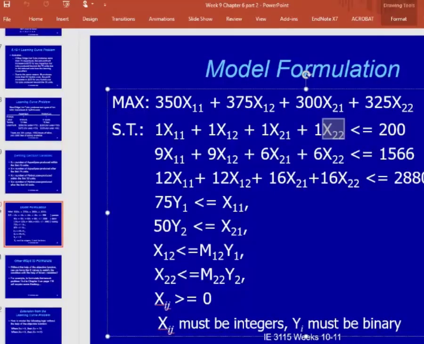So it's 1 times x11 plus 1 times x12 plus 1 times x21 plus 1 multiply x22. So four decision variables with four coefficients, add them together. These are the left-hand side.